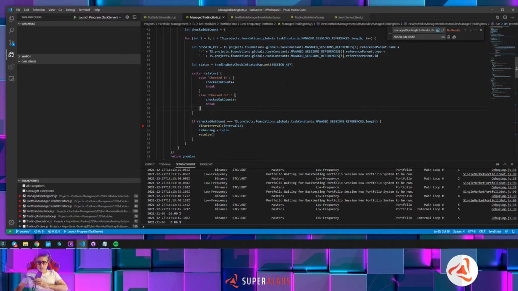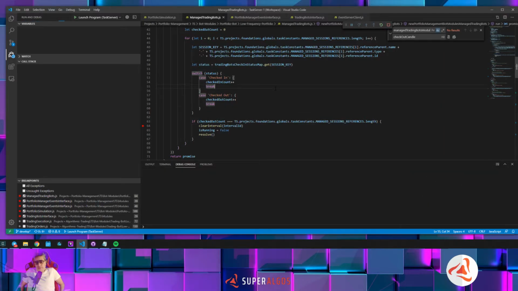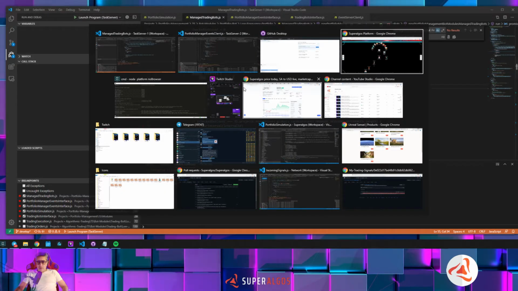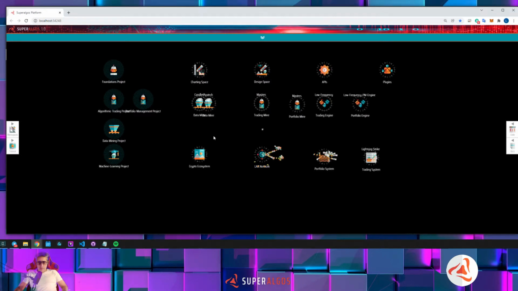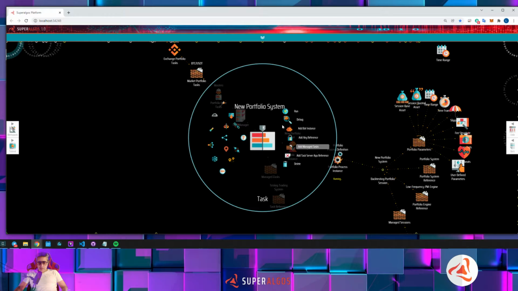Okay, so we will run the portfolio back again. Let's run it. Then we will connect it from the UI like this.